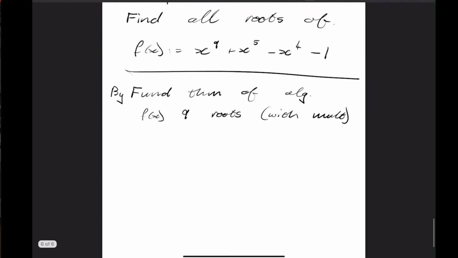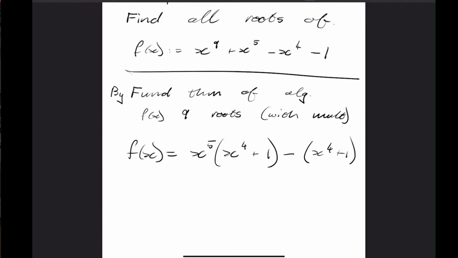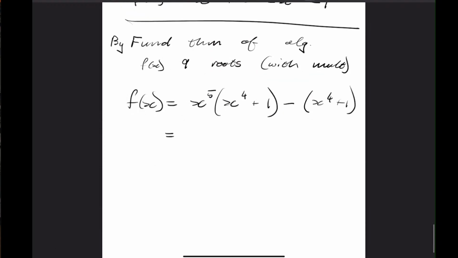So maybe let's take out an x to the 5. Then what we have is x to the 4 plus 1, and let's write it this way, minus x to the 4 plus 1. That's the same. So let's factor out that. That's x to the 5 minus 1, x to the 4 plus 1.